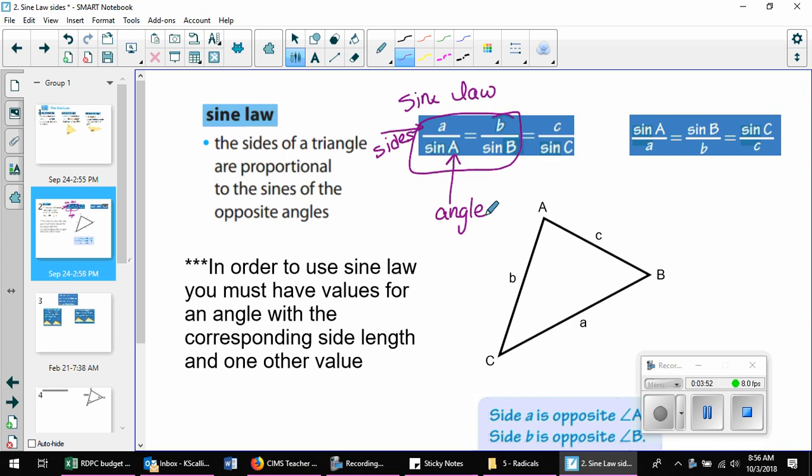You just can't flip-flop them. This is the one I've always used. I don't really give a second option, but you can do it both ways. It's just a ratio. So sides are lowercase, capital letters mean angles. We use 2 at a time, so you can use A and C, A and B, B and C, but you're only going to use 2 at a time.